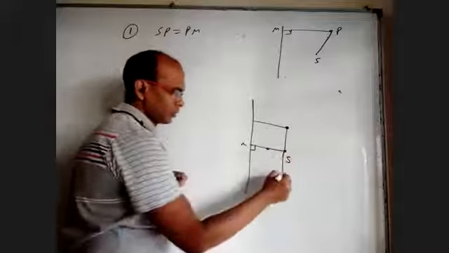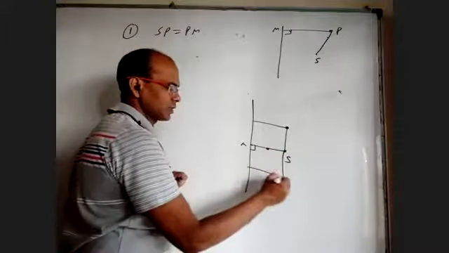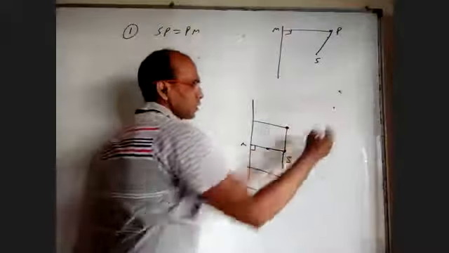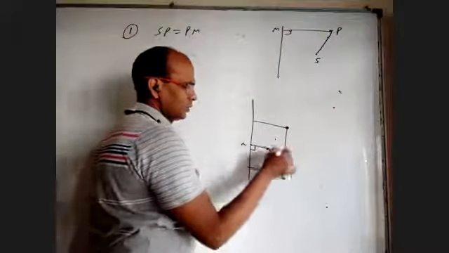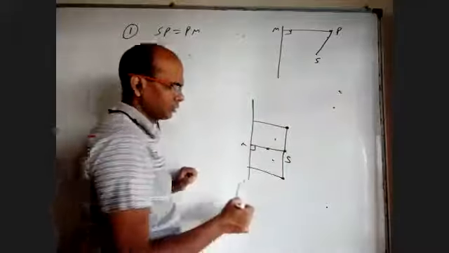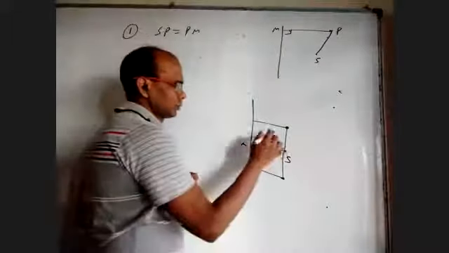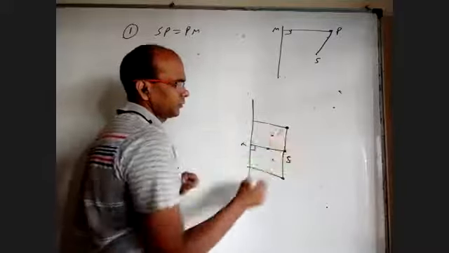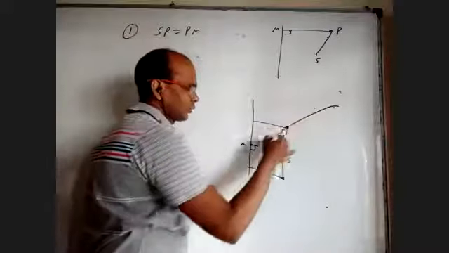You can construct one more square where these lengths are equal. There will be a lot of other points also where these lengths can be equal. So I'll get some points.